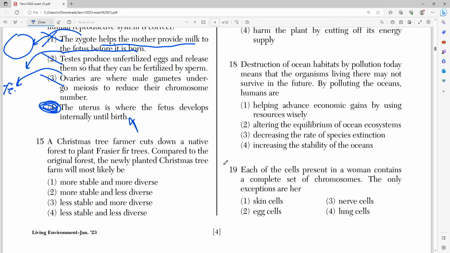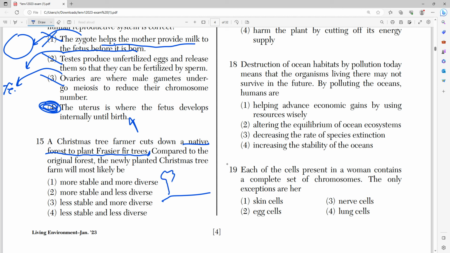Number 15 says, a Christmas tree farmer cuts down a native forest to plant Fraser fir trees. Compared to the original forest, the newly planted Christmas trees will most likely be what? Well, if he cuts down a native forest to plant Fraser fir trees, he's cutting down a very diverse environment. It's a forest, right?